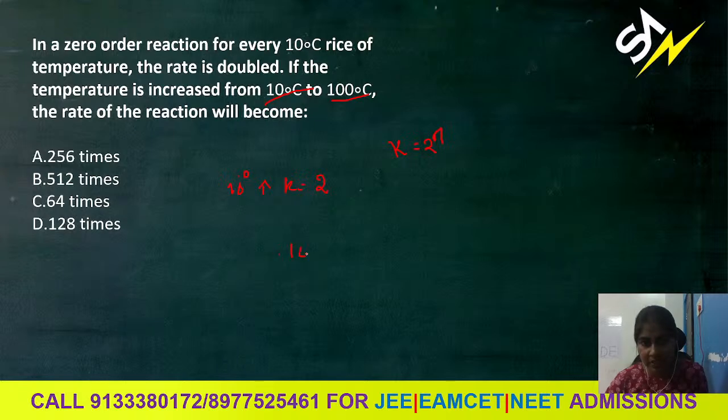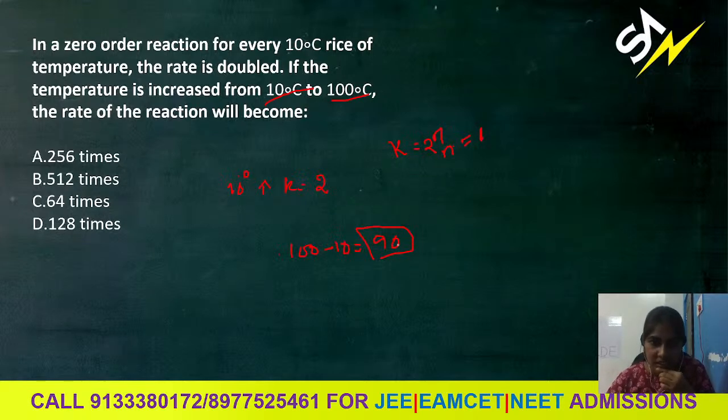So what is the temperature difference? 100 minus 10, it will be 90, right? So the temperature rise is 90 degrees. Here for a 10 degrees rise in temperature, n is equal to 1, so the rate is double.